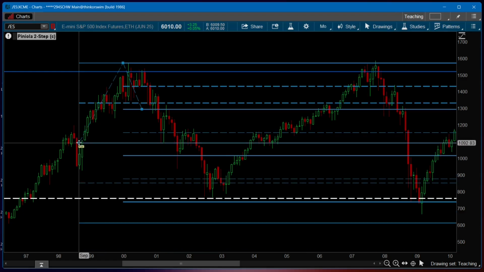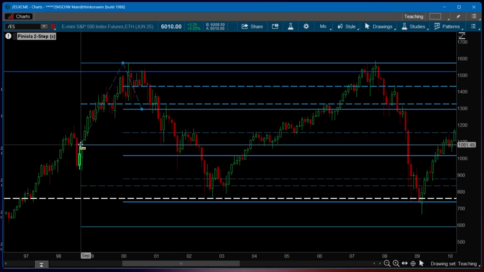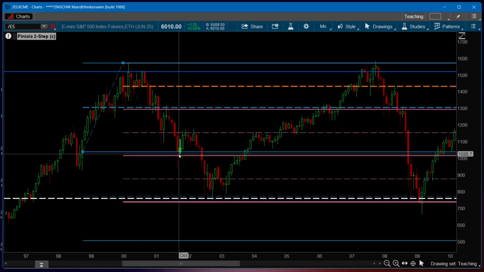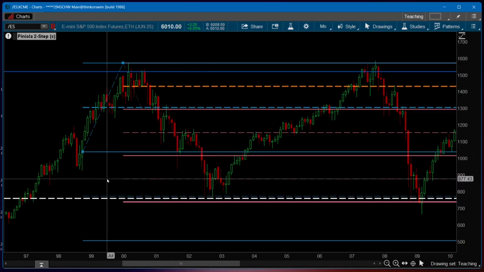I would start looking for a different slowdown of price, right there, which would be right here, and it came to the 1.5 down here.